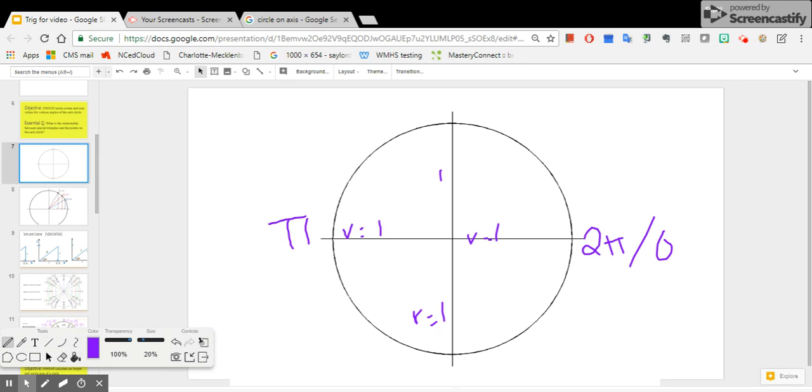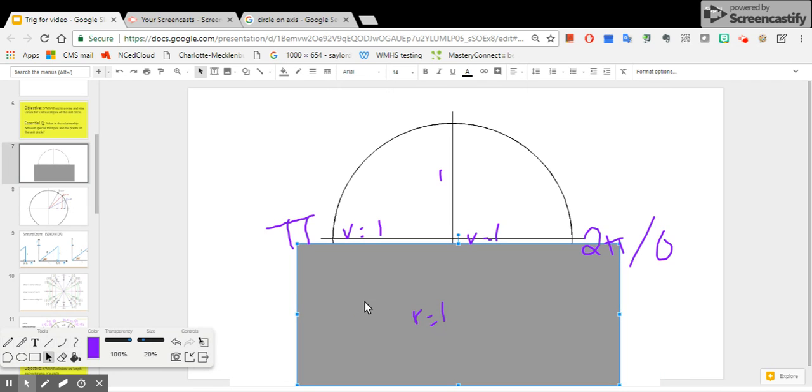And using just what we know there, we're going to try and generate as many of the remaining lines as possible. So let's take a look at just the top half of our graph. All right, so I'm going to block off that bottom half, and I'll change colors back to black. All right, so if I know that pi is on the left-hand side, if I cut that in half or fold that in half, I get this line up here, which must be pi over 2.